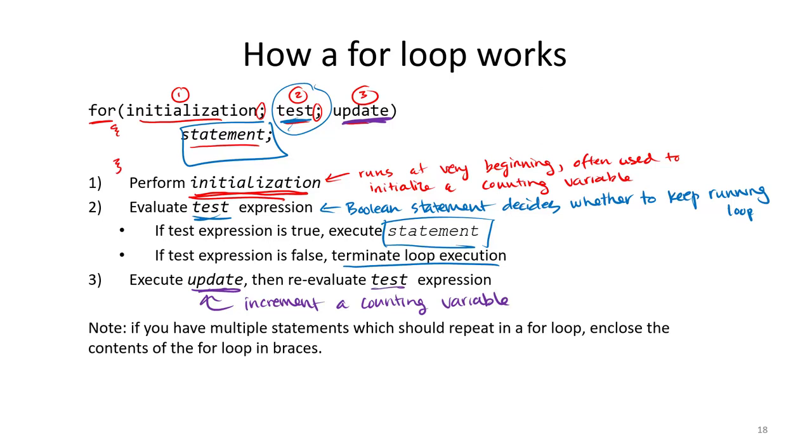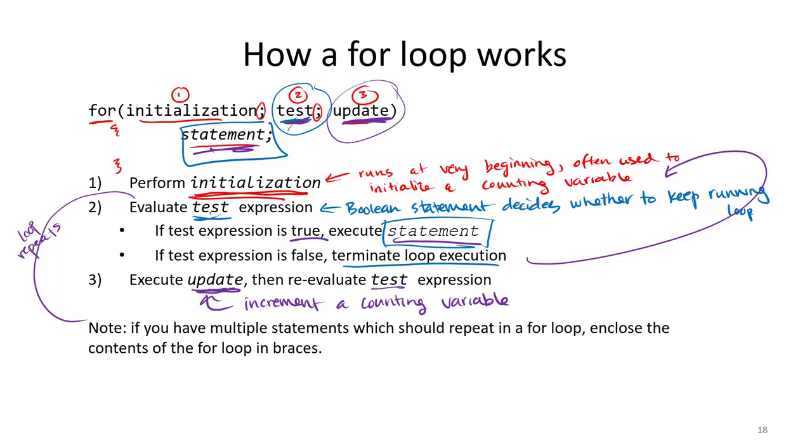So basically, we go back to step 2, and the loop repeats. So we check the test expression. If we're still true, statement runs. Then we update whatever's in statement 3.